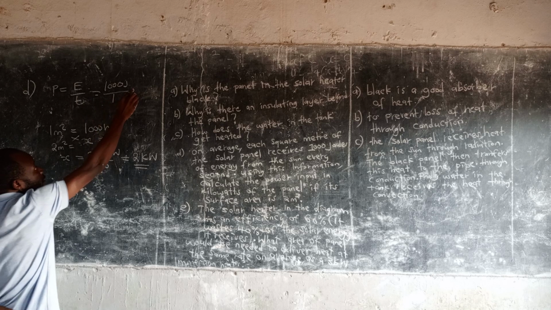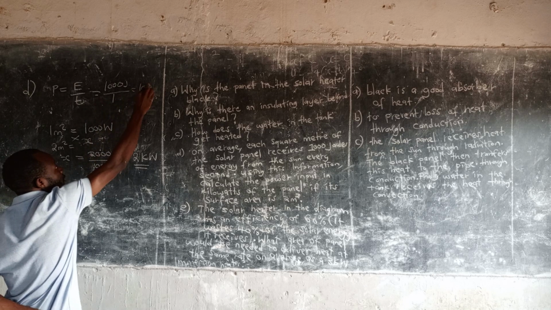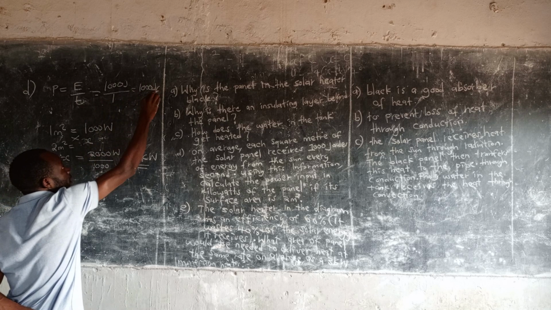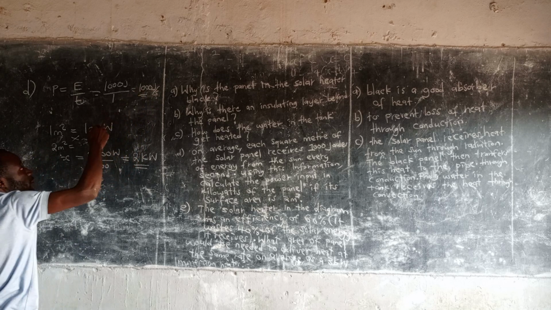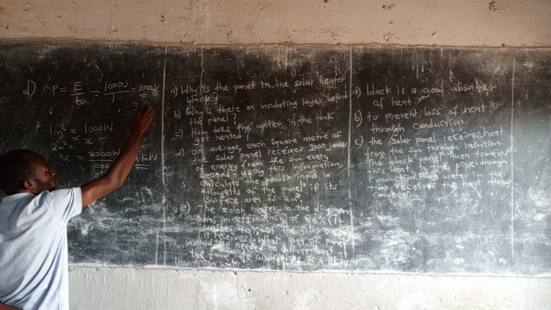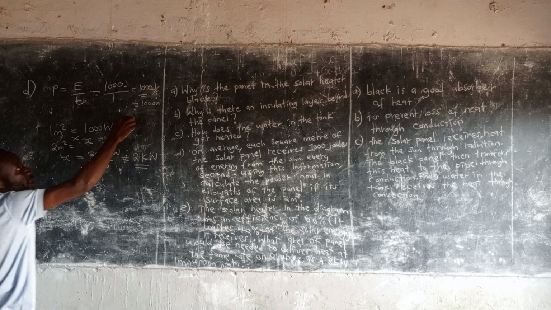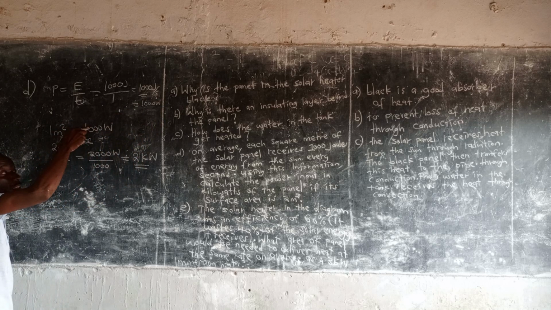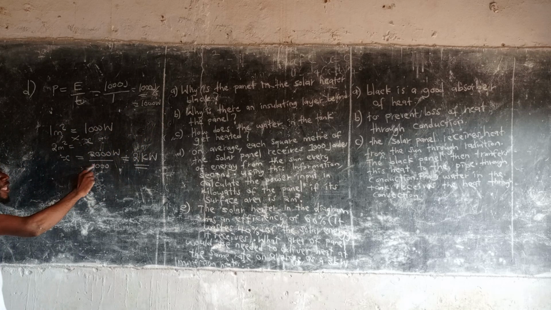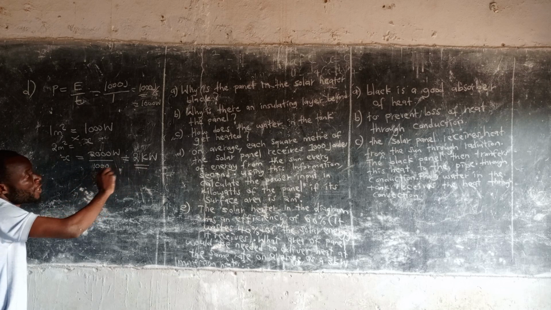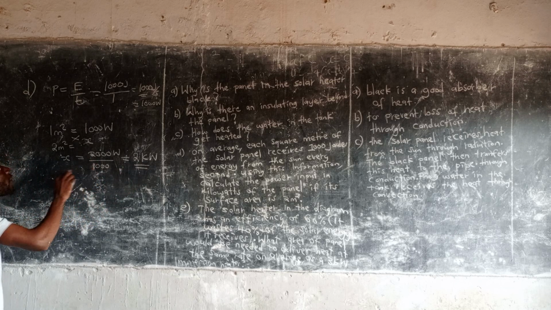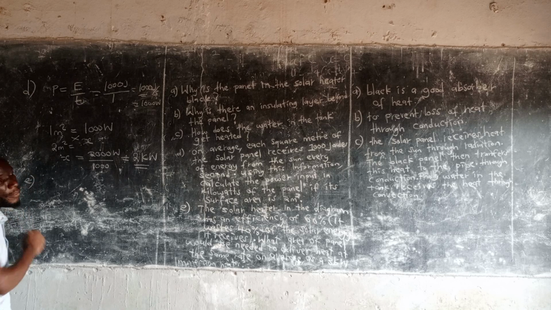Time 1 second. It passes 1,000 joules per second, the same as 1,000 watts. Then you cross multiply and get 2 kilowatts, and finally divide by 1,000. Alright, so let's go on.